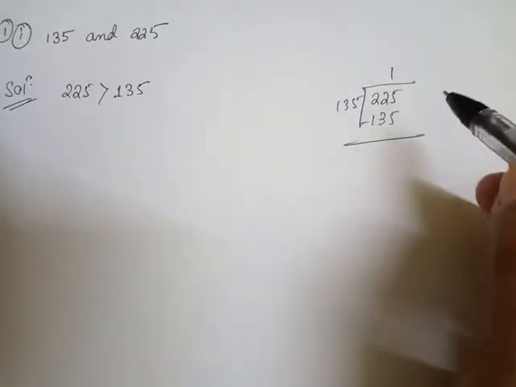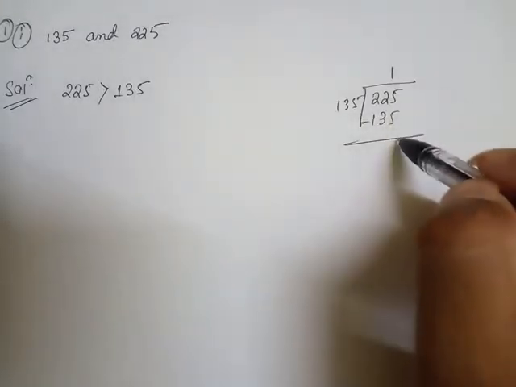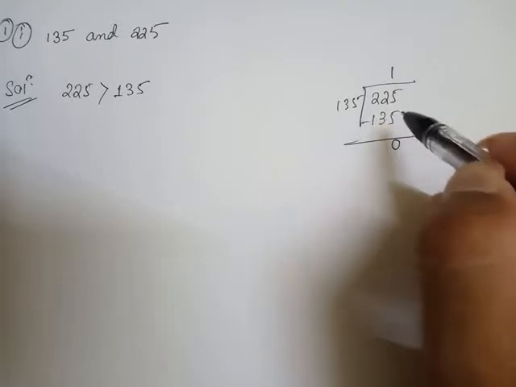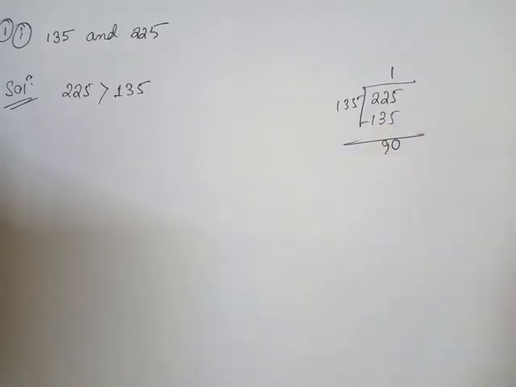Next, 5 minus 5 is 0, and there is 2, carry 1 means 12. 12 minus 3 is 9, so the remainder is 90 here.